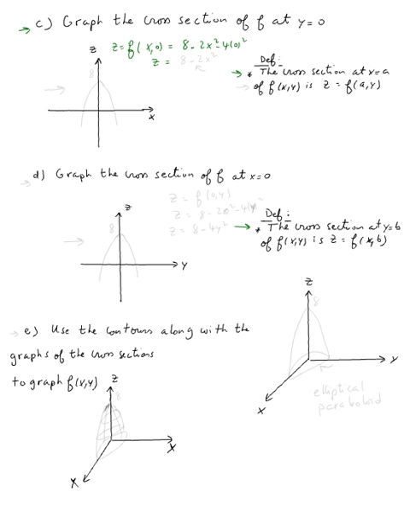So it's going to be z equal 8 minus 2x squared. Right, so that's a parabola. The origin is 8, so there is an 8, and it's going to face down.